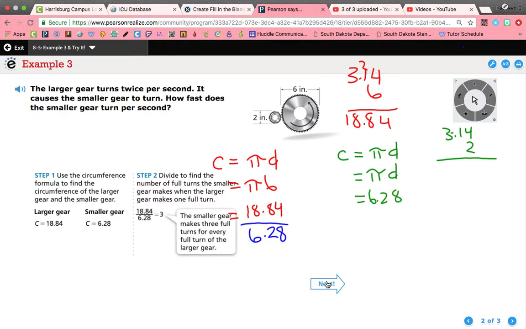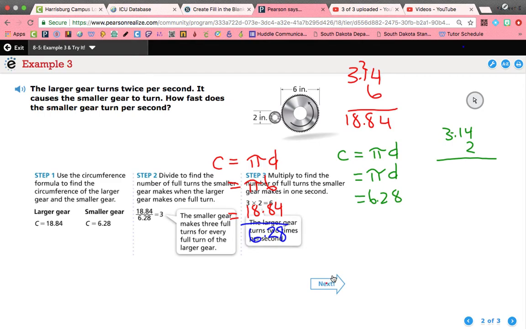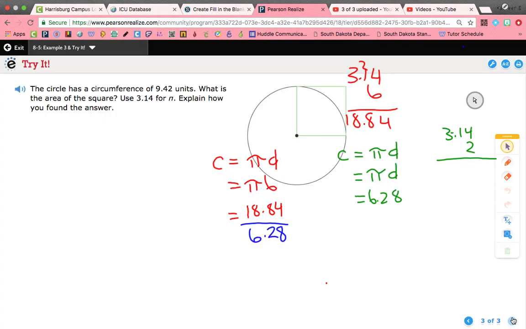So the smaller gear makes 3 full turns every full turn of the larger gear. So if the larger gear is twice per second, the smaller gear is 3 times that, so it would be 6 times per second. There it is behind my 18.84, 6. 3 times 2 is 6. It would make 6 full turns per second.